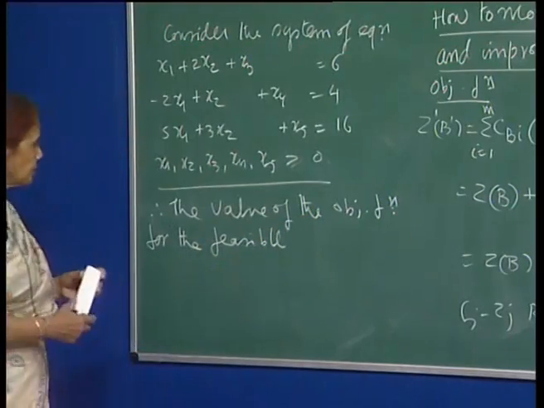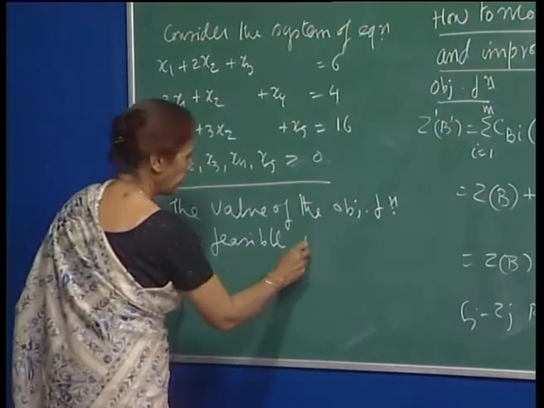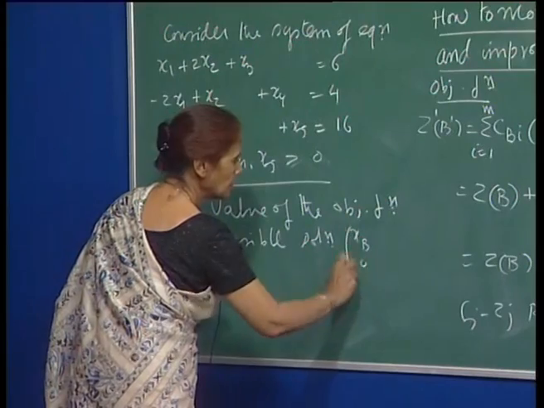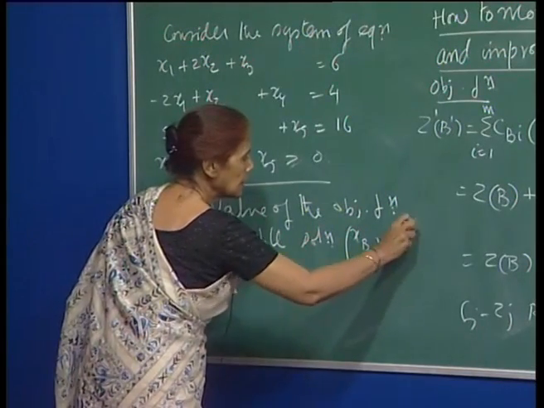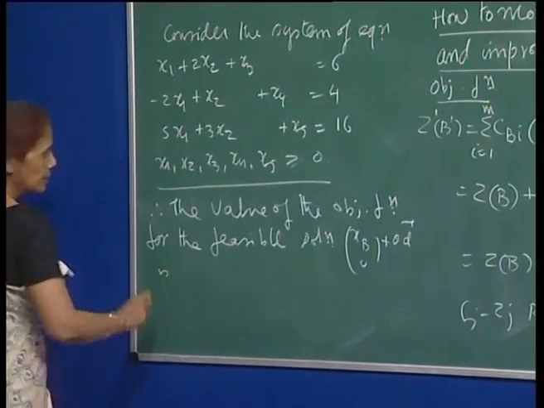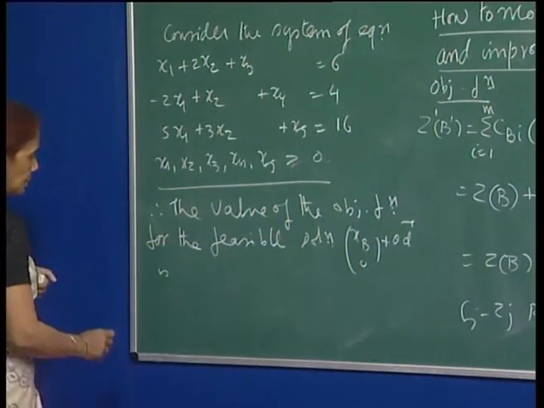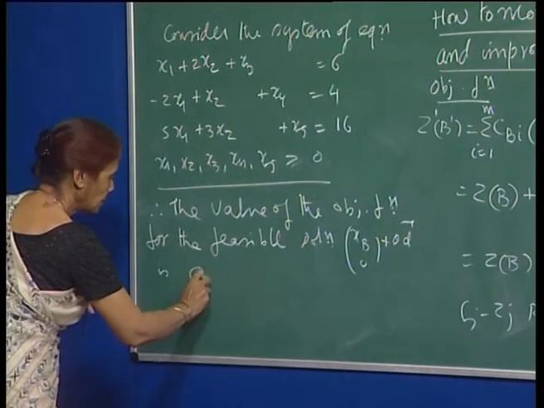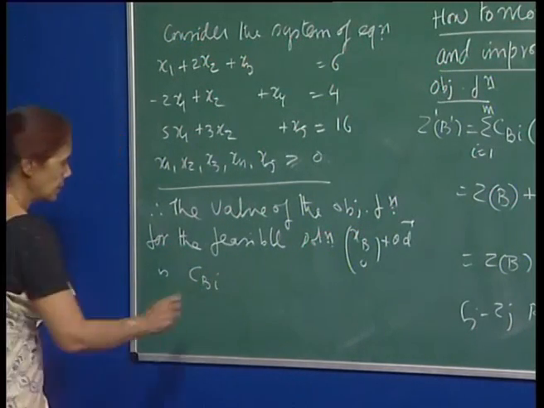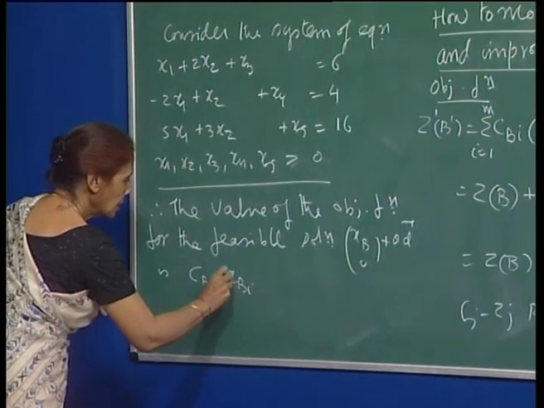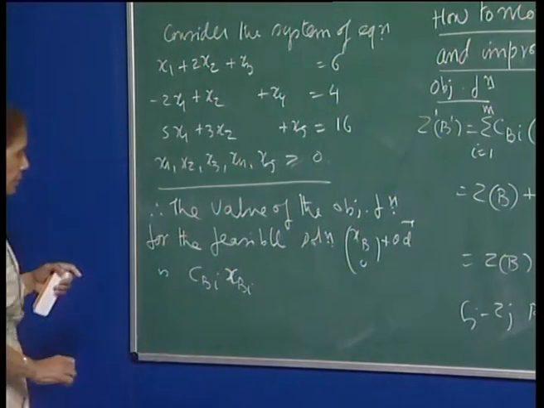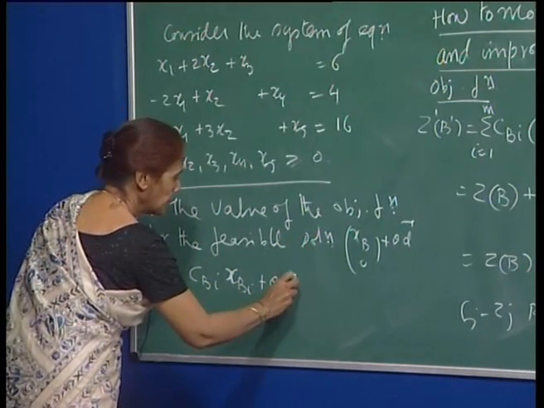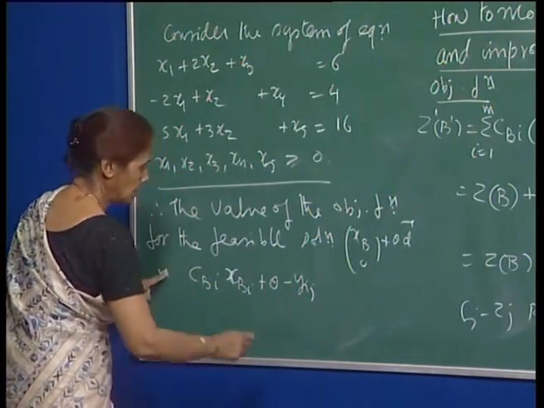Therefore, the value of the objective function for the feasible solution x b 0 plus theta d is, remember CBI, summation CBI XBI, plus theta times minus Yij.